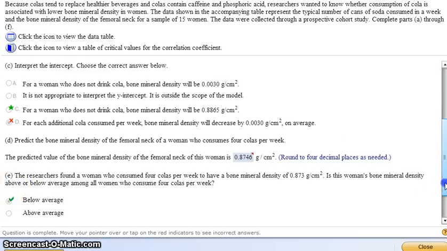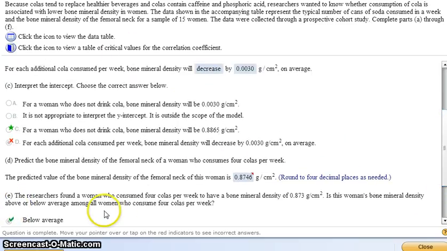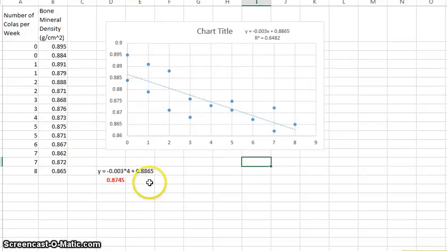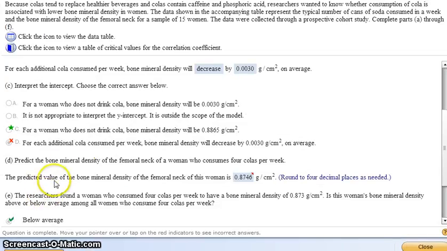Sorry, I was looking at D instead of C. So for a woman who drinks no cola, the bone density is 0.8865.